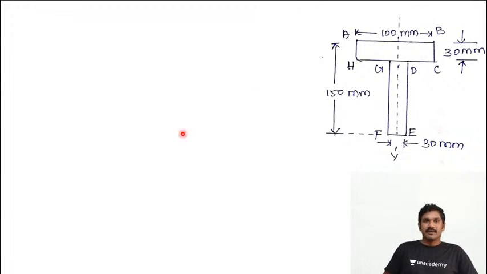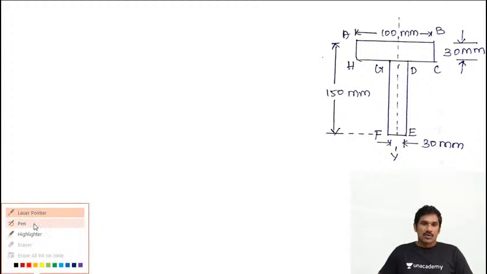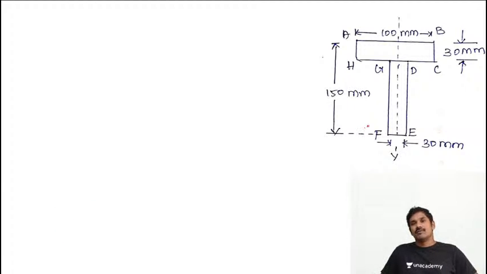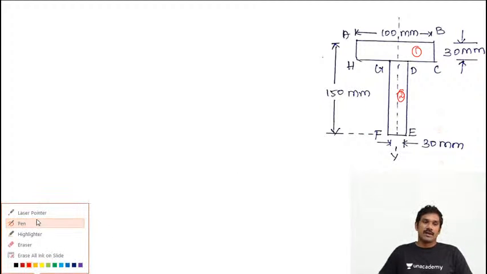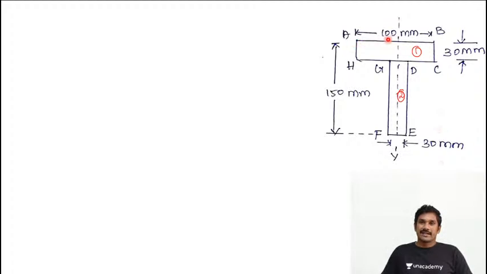Now, in the first question, we are discussing a T section. It is a typical T section, with points A, B, C, D, E, F, G and H. The first thing I'm going to do is split this T section into two simple rectangles, rectangle 1 and rectangle 2.